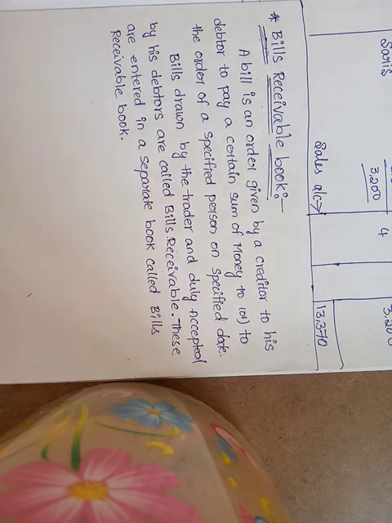So the bill is given by a creditor to his debtor for what? To pay a certain sum of money. The bill drawn by the trader and accepted by his debtor is called a bills receivable. These are entered in a separate book called a bills receivable book.